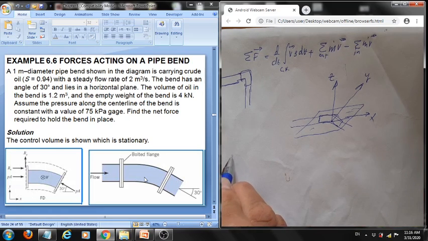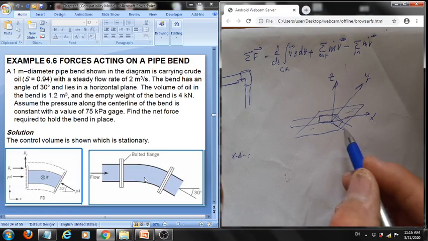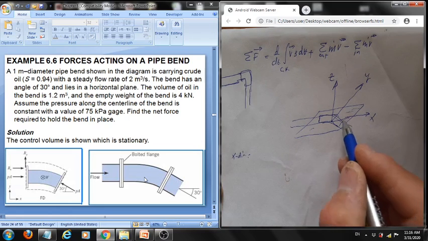So we have in the x direction the summation of forces.